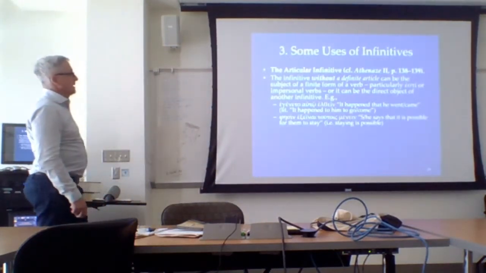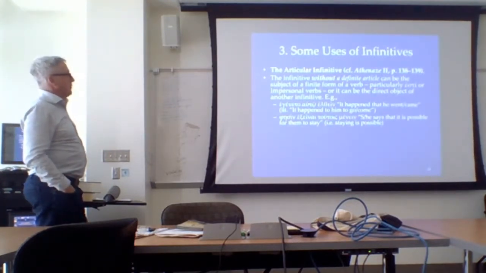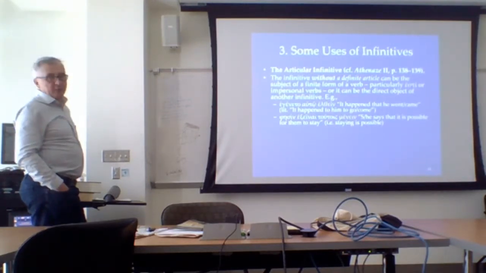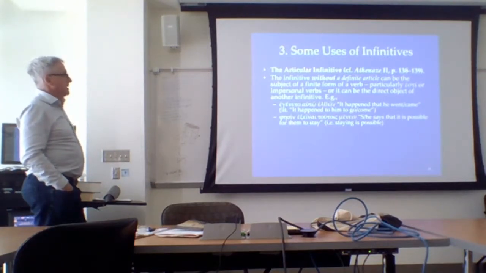So these are basically some uses of the infinitive you've seen without the article before, right? He, she, it says that it's possible for them to say, exesti toutois menein, right? That's just the infinitive of exesti, followed by menein. He, she, it says it to be possible for them to stay, literally, staying is possible, right?